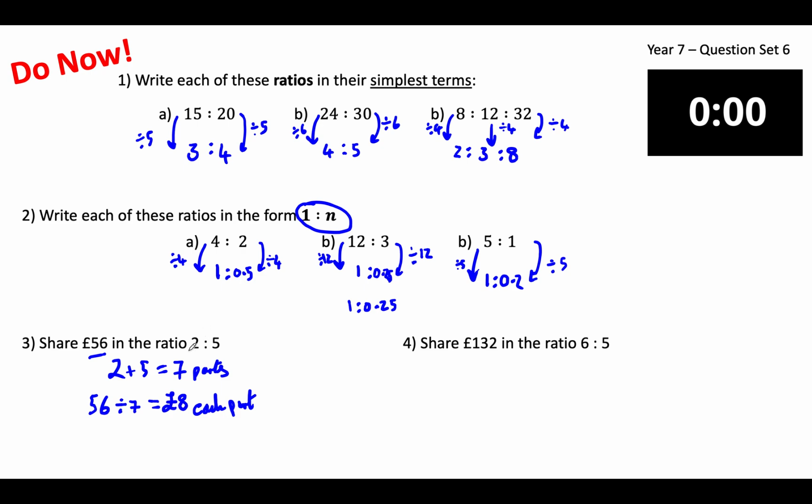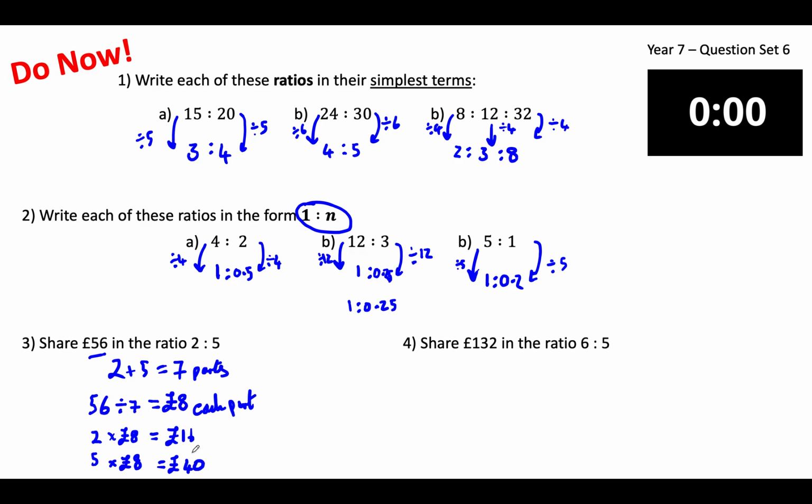And then we want to go back to our ratio. 2 and 5. And I need 2 lots of £8, which would be 16. And I need 5 lots of £8, and 5 lots of 8 is 40.